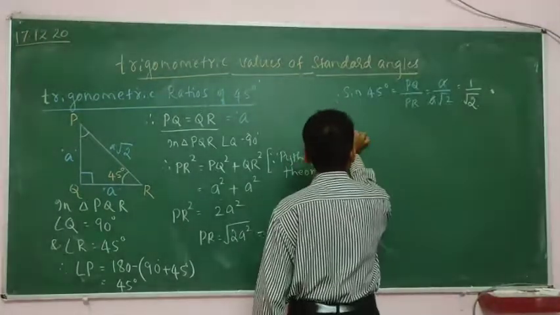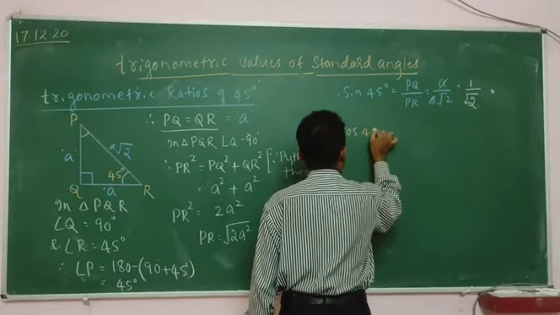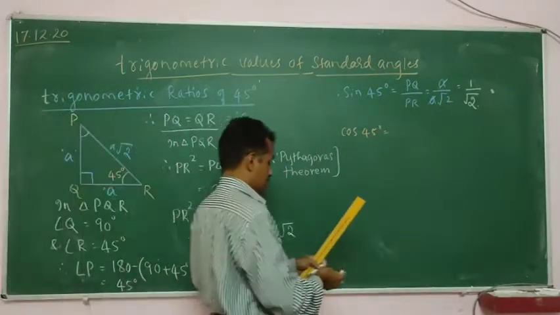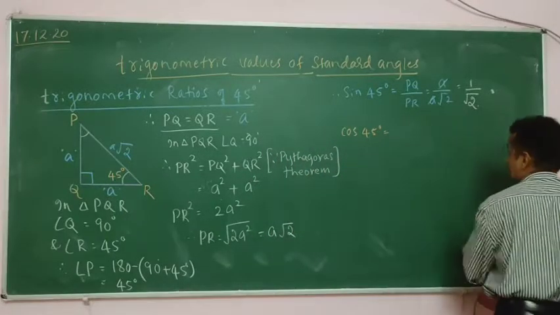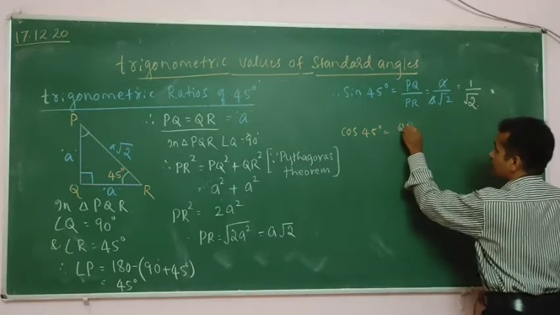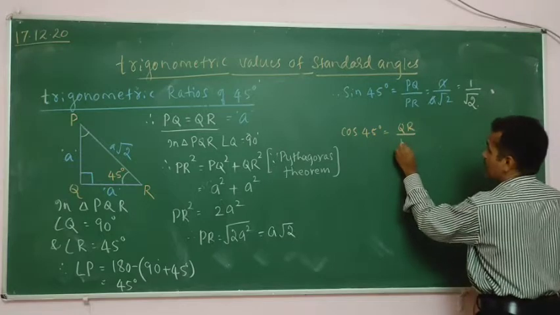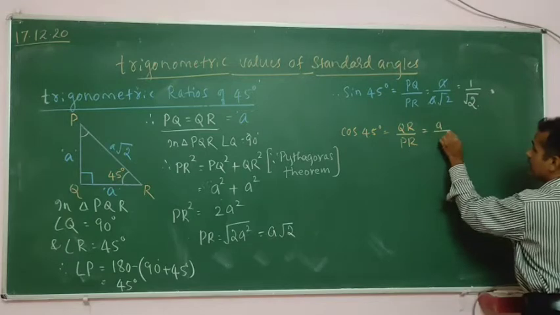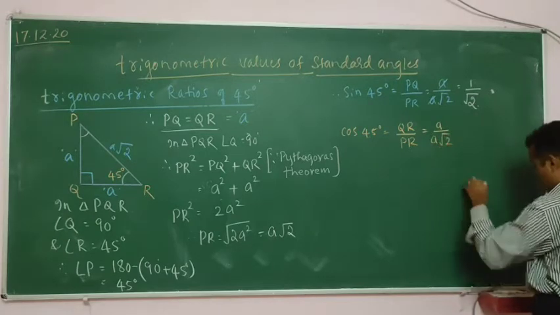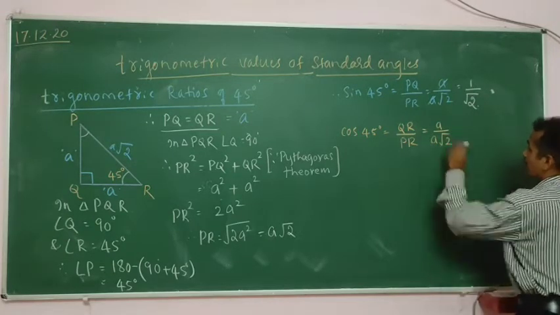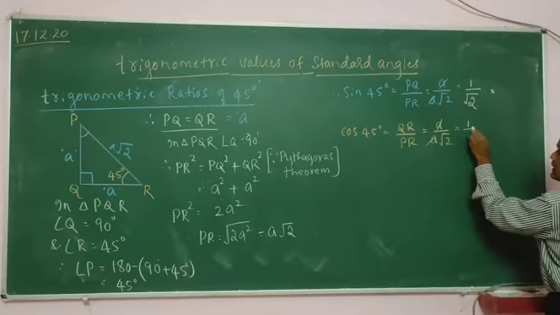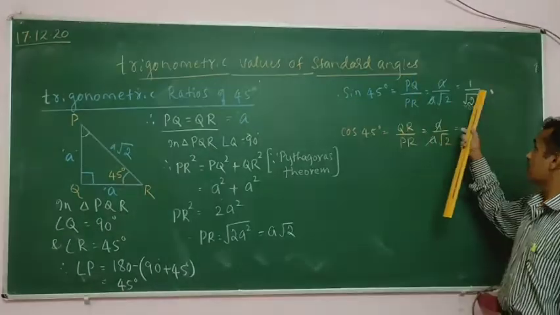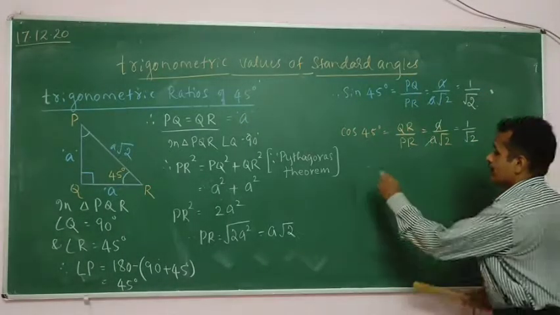Second, cos 45. Cos 45 is equal to adjacent divided by hypotenuse. It is QR divided by PR. QR is again a divided by a root 2. A gets cancelled. The answer is 1 by root 2, the value of cos 45. Sin 45 also says 1 by root 2, cos 45 also says 1 by root 2.